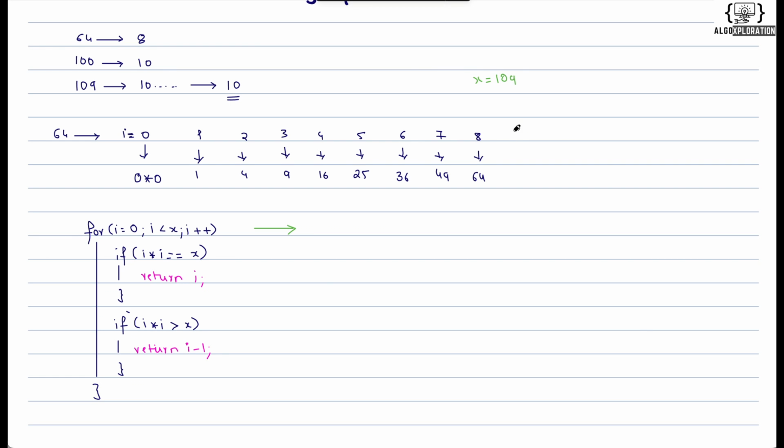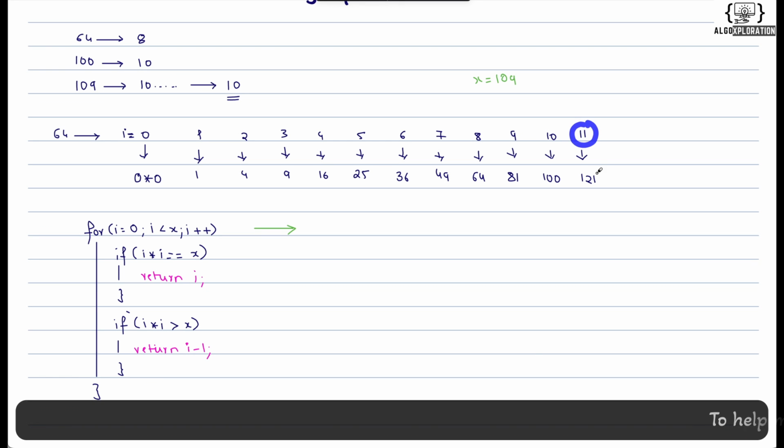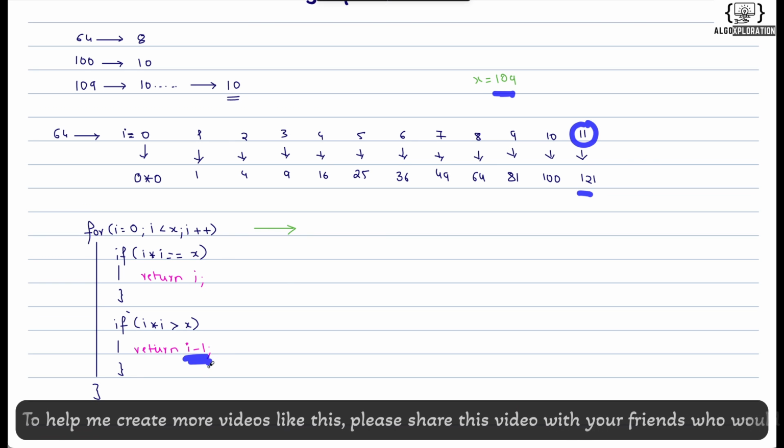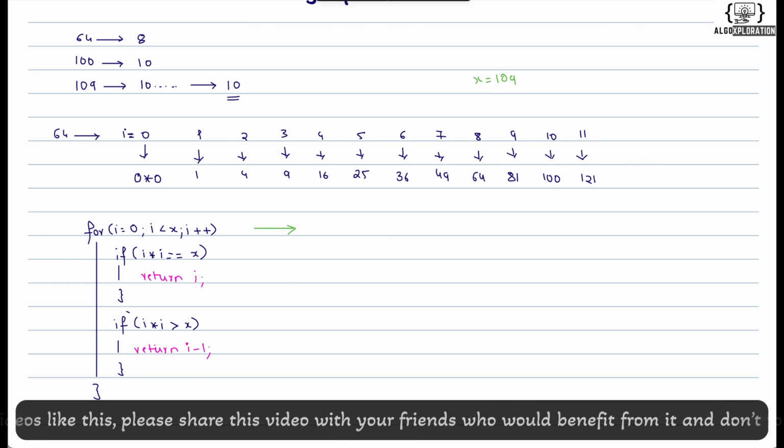For 9 also I will find the square, which is 81. For 10, I will find 100. For 11, the answer is 121, right? Now I got to know that for 11 the square is 121, which is greater than 109. So I will simply return i minus 1, and since I'm returning, I'll stop.